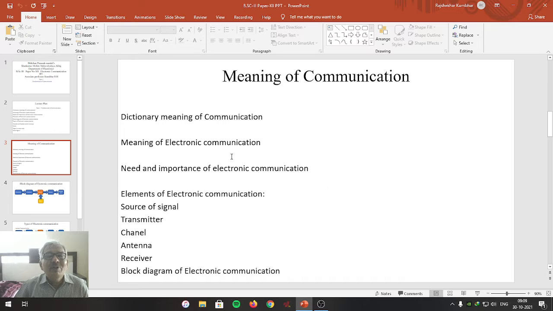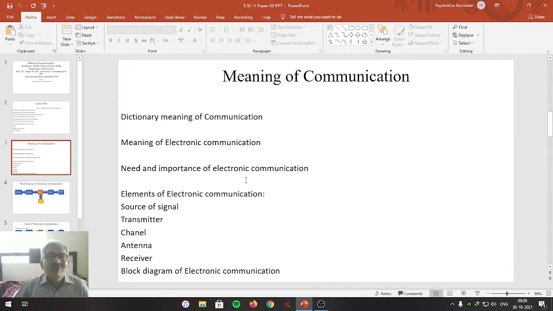Not only this, we can get information about volcanoes, earthquakes, natural calamities, flood situations, clouds, weather, temperature, pressure. Whatever happens throughout the world is communicated to us only because of electronic communication. This indicates the importance of electronic communication and why there is a need for it.